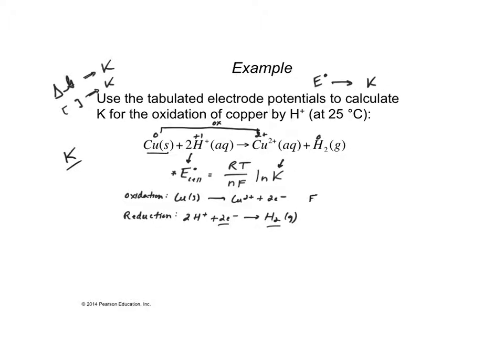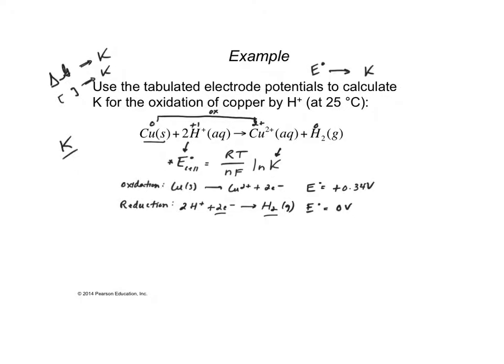All right, so now we'll go to our nice little table and look up these standard reduction potentials. The copper is a positive 0.34 volts, and the protons, the hydrogen, is our standard hydrogen electrode. This is just 0 volts. Now we'll utilize that to calculate the cell potential at standard state.